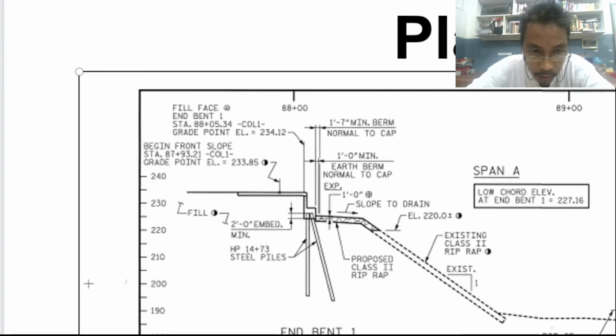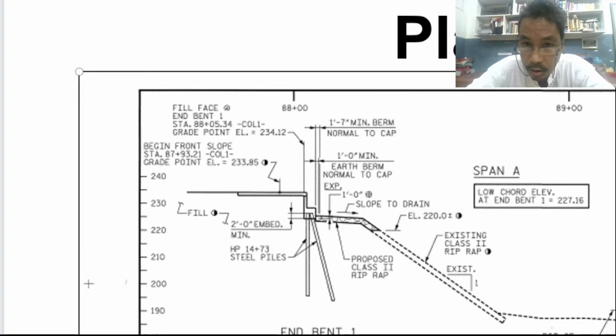Then next to it, just below, HP 14 plus 73 steel pipes. So there are steel pipes of that size. Okay, so HP. We did not tackle the steel design, but it defines a specific type and shape.